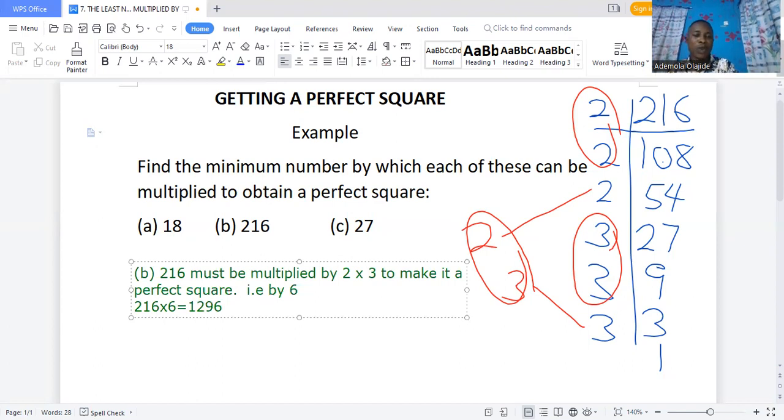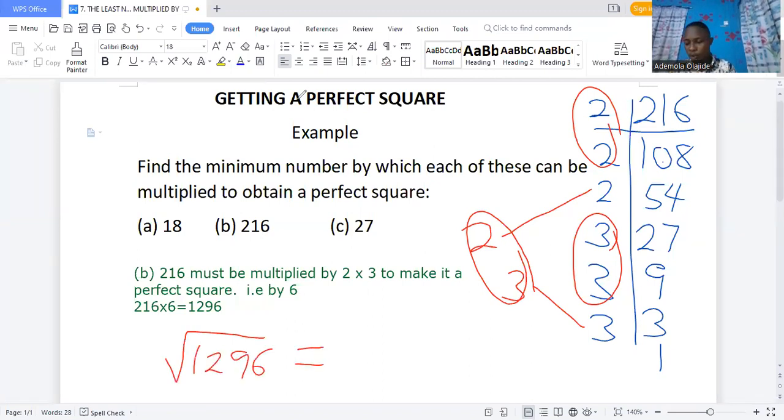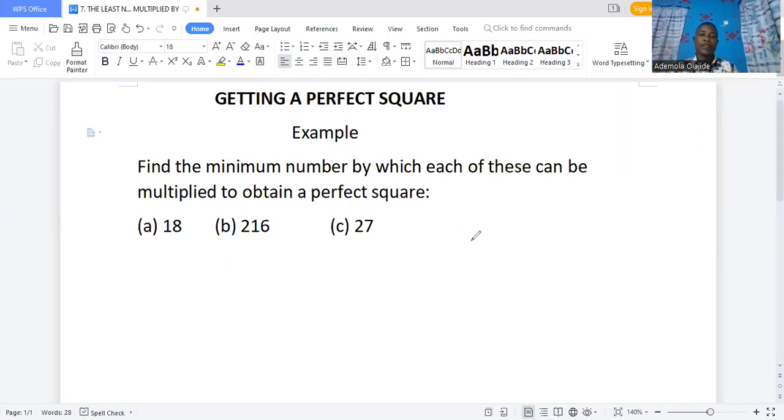And as we can see, the square root of 1,296, the number that multiplies itself to give 1,296, if we check out, we'll see that the number should be 36. 36 times 36, we can confirm that will give us 1,296.